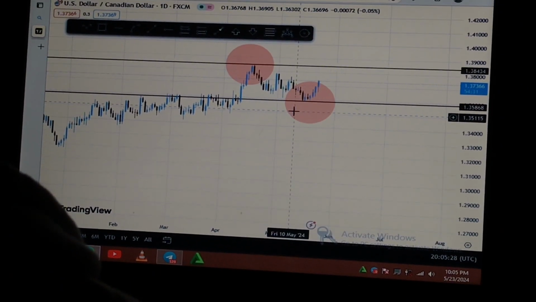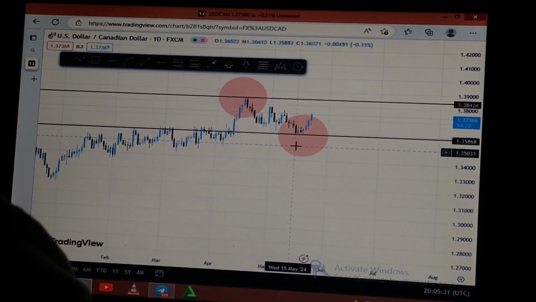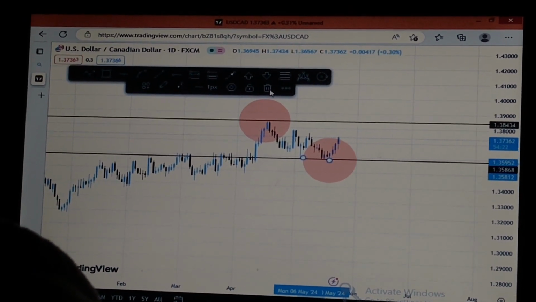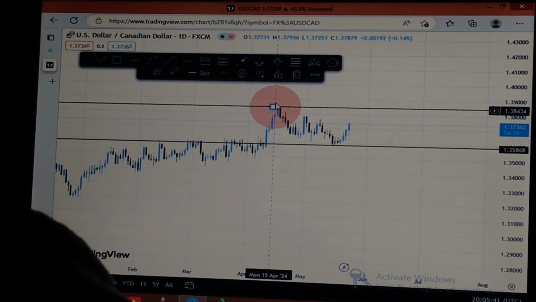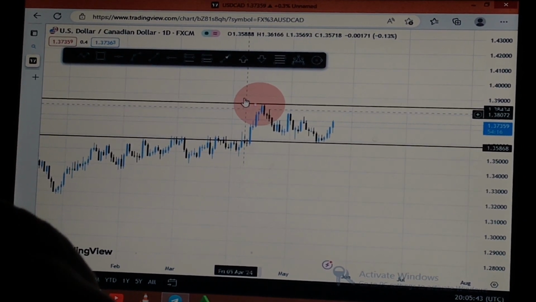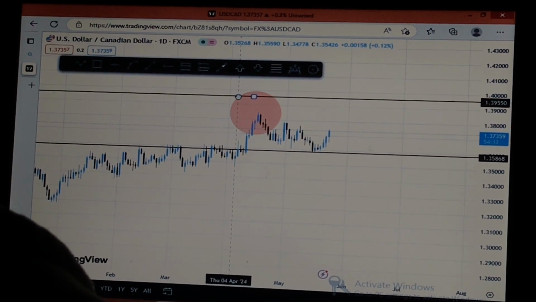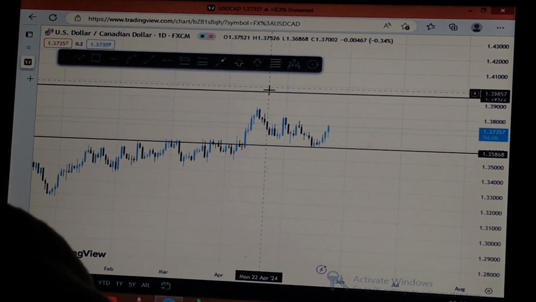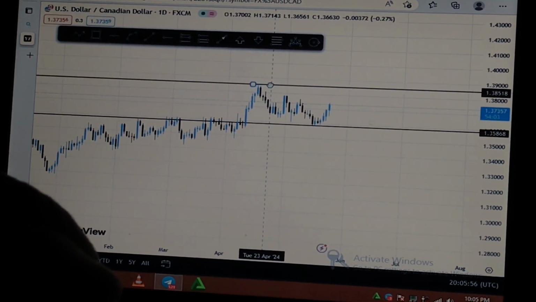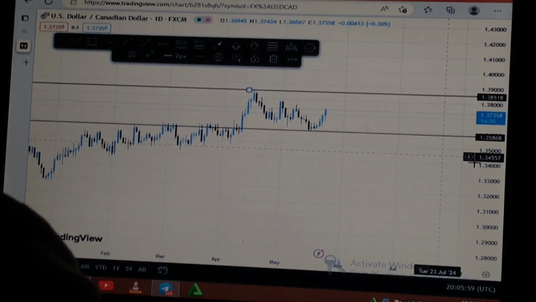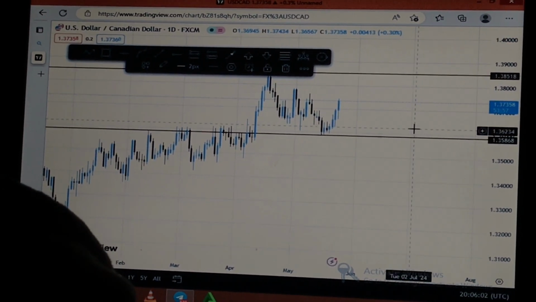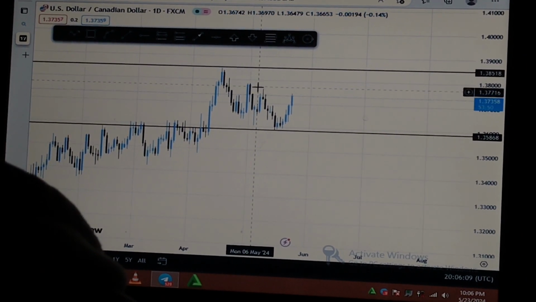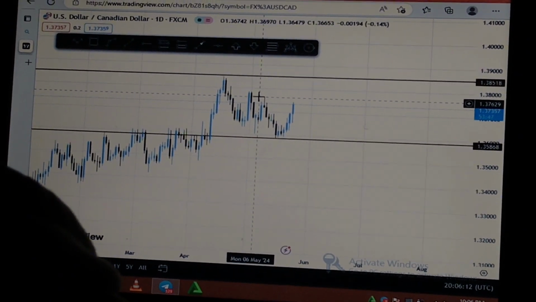Yeah, as you can see. So what I see, the market came up and then rejected at this level. So this now acts as our support.